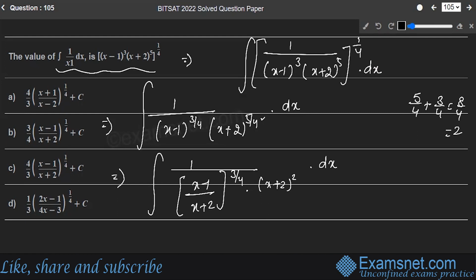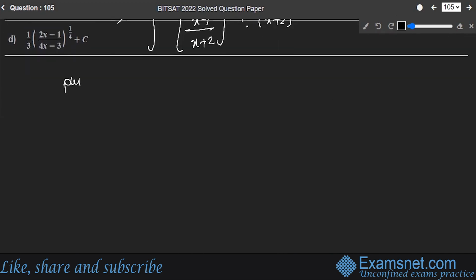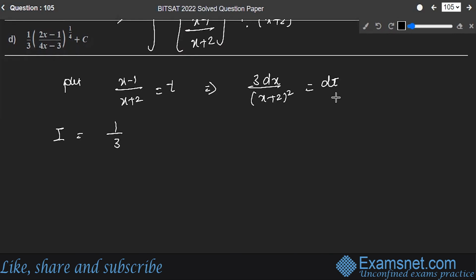Multiply x plus 2 raised to power 2 dx. Okay. Now further, let's put x minus 1 upon x plus 2 is equal to t. This gives me 3 dx upon x plus 2 whole square is equal to dt. Now that integral I becomes 1 by 3 integral of 1 upon t raised to power 3 by 4 dt.